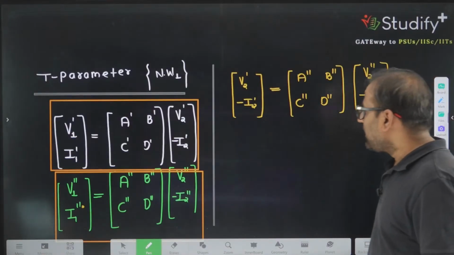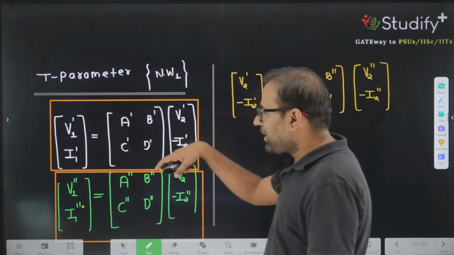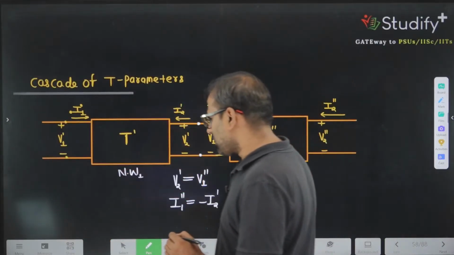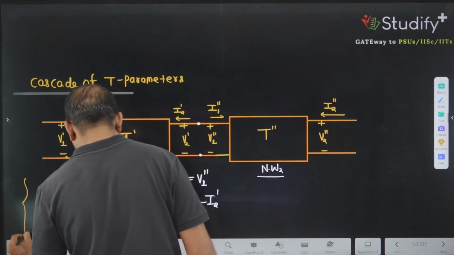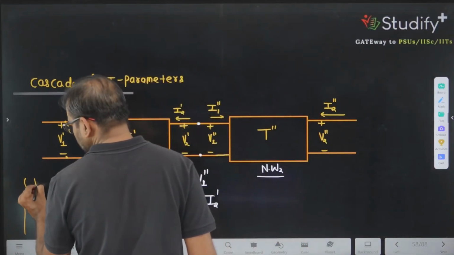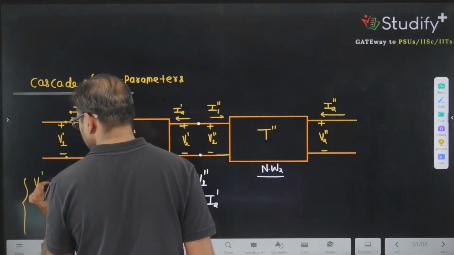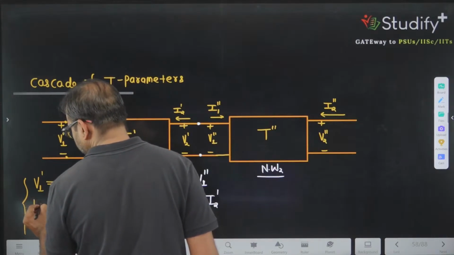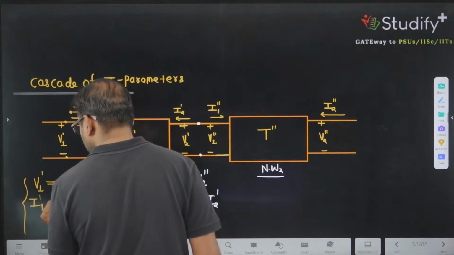Now, because I am considering V1 prime and I1 prime as my input, let's convert it into the standard format. Let's replace V1 prime by V1 and I1 prime by I1.